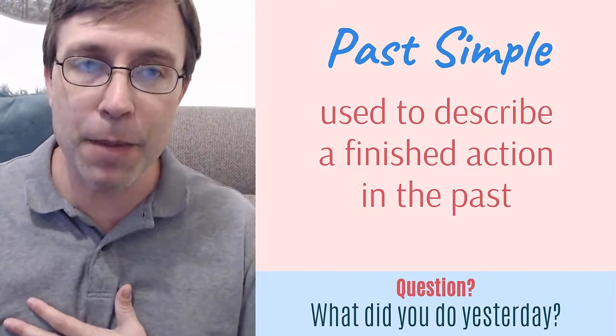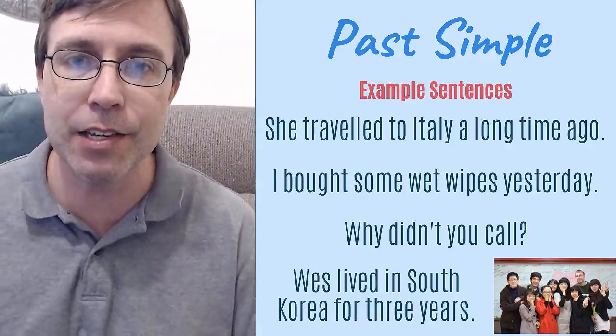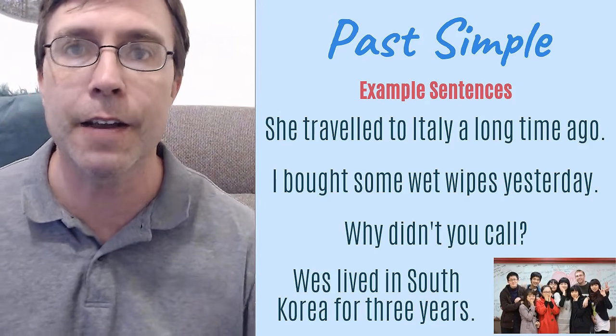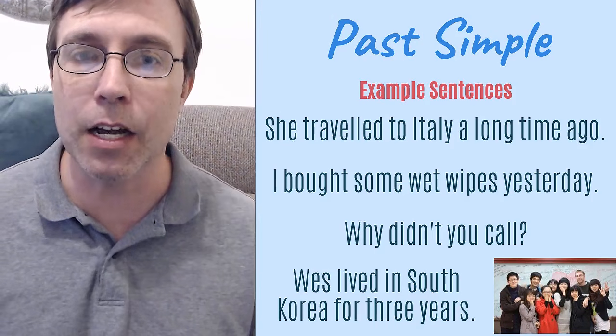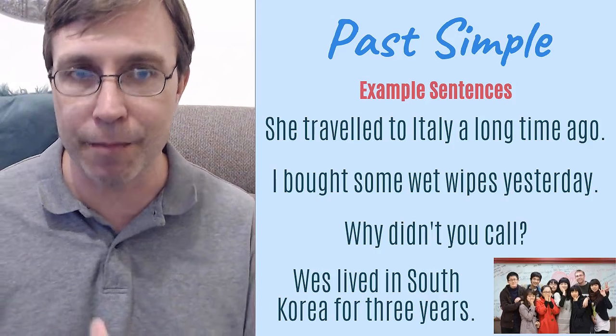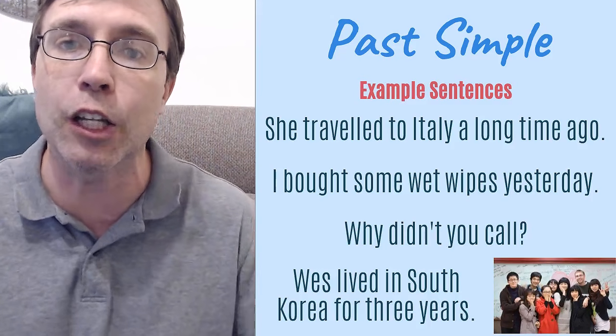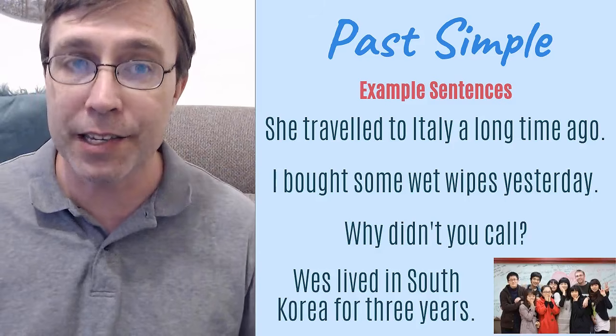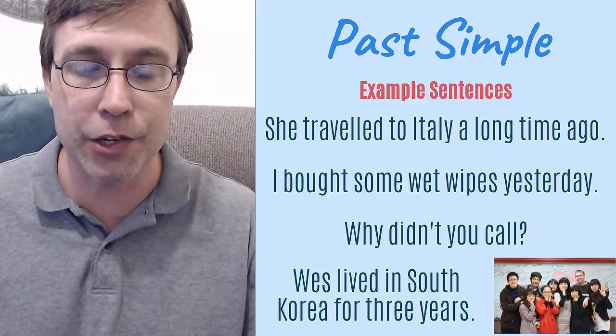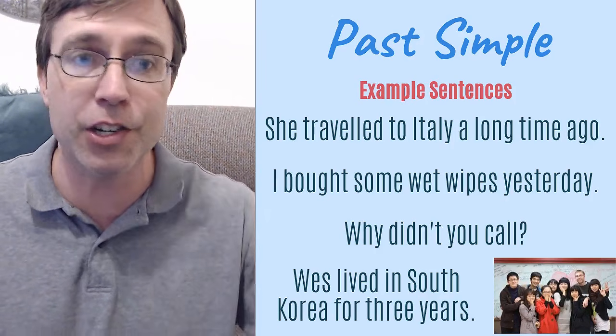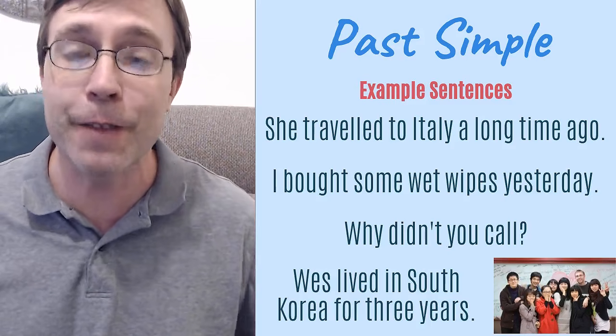So some of my example sentences would be right here. I'd say, she traveled to Italy a long time ago. So again, I'm referencing the past with a long time ago. If I say she traveled to Italy, she's already been there and she returned. She's already done there. It's a finished action.